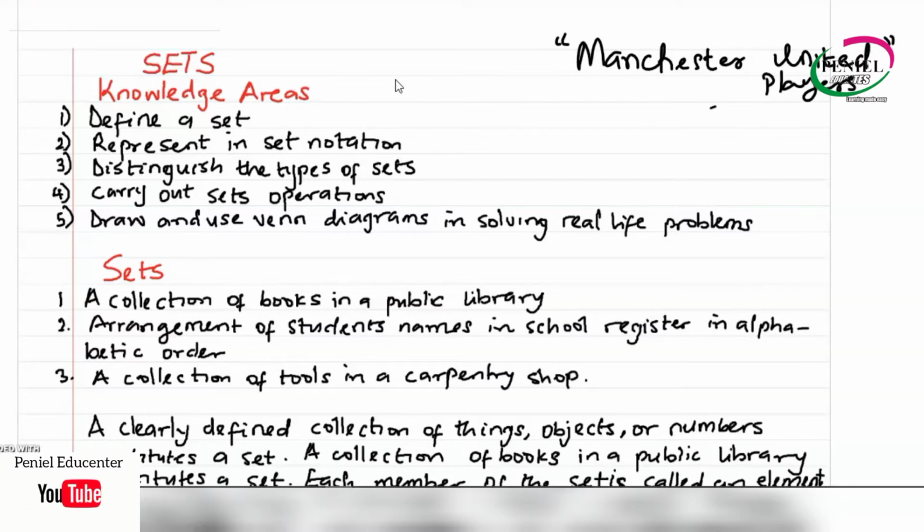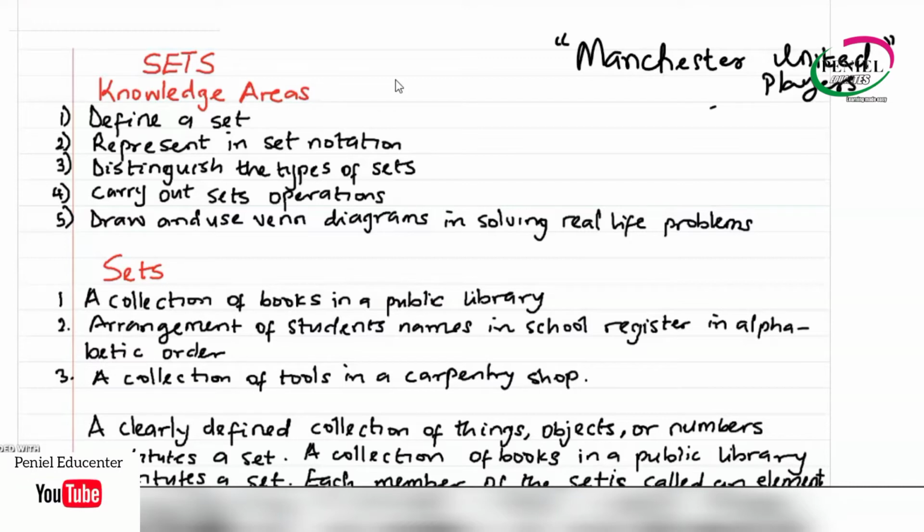You can have a set of desks, a set of shoes, a set of dresses, a set of cutlery, a dining set. You can have a set of names starting with the letter S. So that is what we call a set: a clearly defined collection of things, objects or numbers constitutes a set.